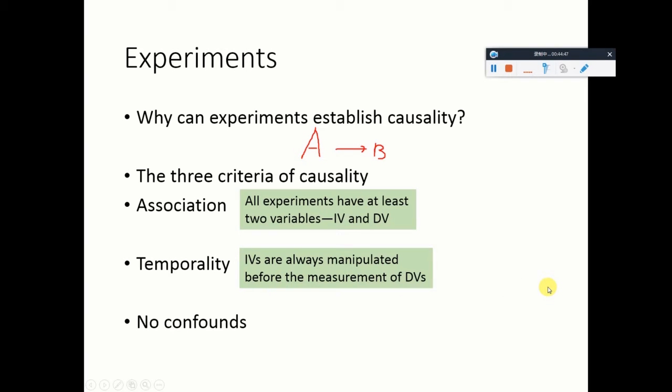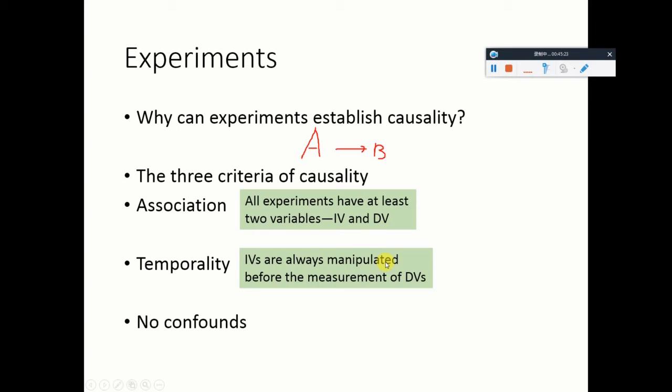For example, a person might reason, well, I don't actually remember how much time I spent studying, but when I look at my transcript, I have a pretty good GPA, that must mean I have spent lots of time studying. See, in this example, time spent studying actually comes after the variable we intend to explain. And that certainly violates the requirement of temporality.